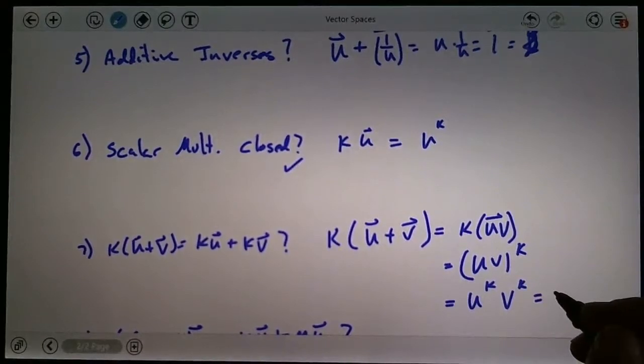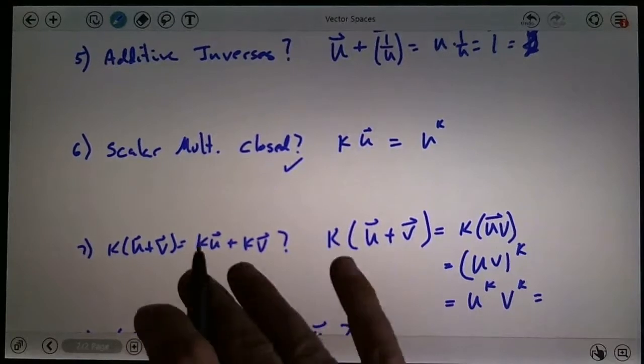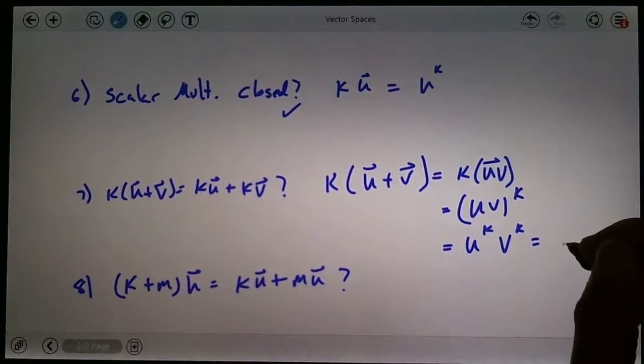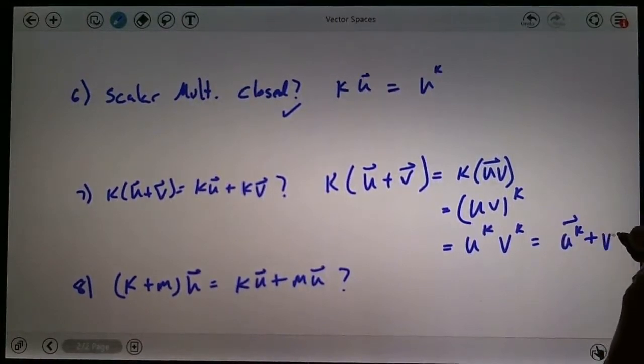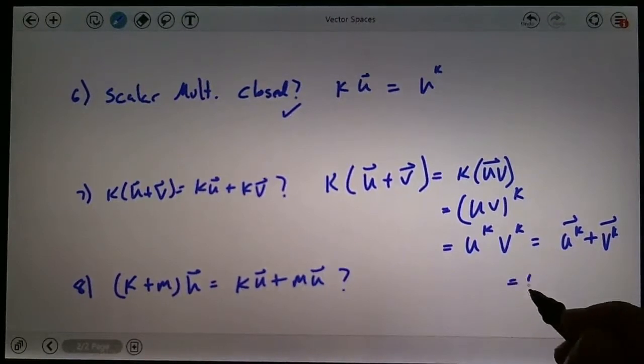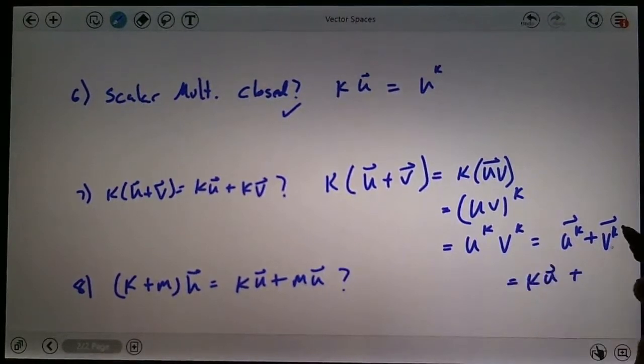But this is what you would get if you added the vector u to the k plus v to the k, but the vector u to the k came from k times u, and this thing came from k times v.